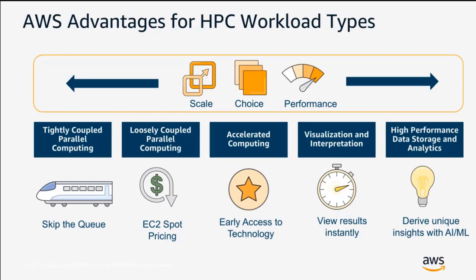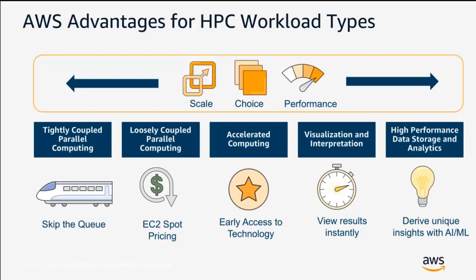Scale is the primary advantage. You can reach just about any scale that you want or need by taking advantage of compute resources in the cloud. You have a wide variety of choice and a wide variety of things to choose from in the cloud in terms of resources, and we'll describe those in a moment.